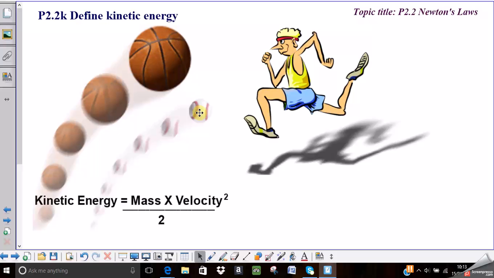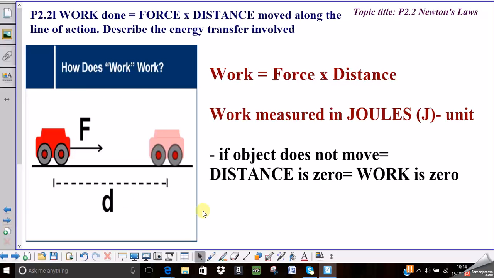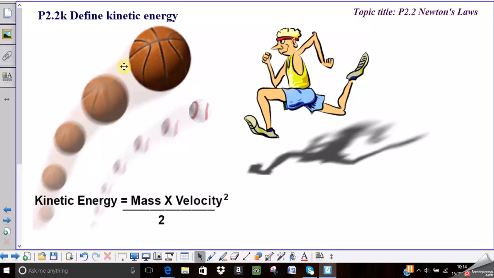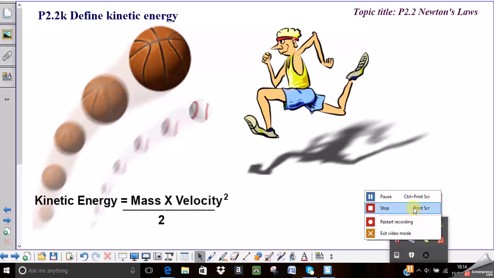Which also means that if the kinetic energy is larger, it's going to be much harder to stop the basketball compared to stopping the baseball. So this is momentum and this is kinetic energy, two concepts that can be calculated using almost the same formula.